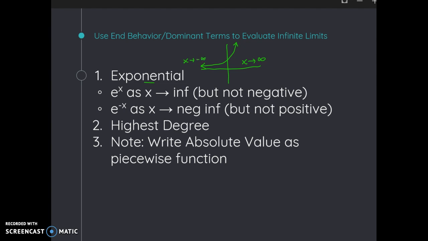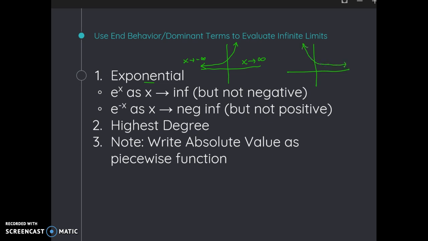So I would use e to the x if I'm doing a limit as x goes to positive infinity. I would not use e to the x as x goes to negative infinity. E to the negative x is backwards from that. E to the negative x is exponential decay, starts off huge, gets very, very small.